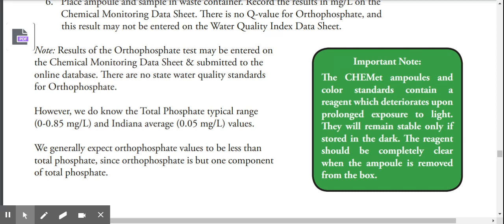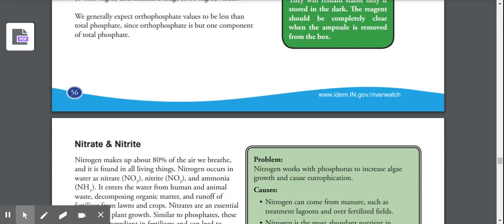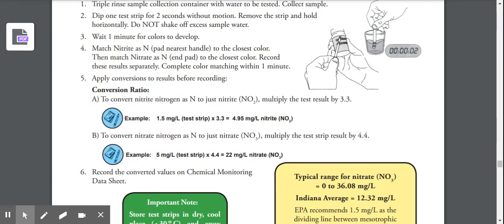Right. So anything that's above like a 0.3, and it looks like the total phosphate in Indiana average is about 0.05. So if we are above that, I think that indicates that we have a lot of potential growth that could happen there.